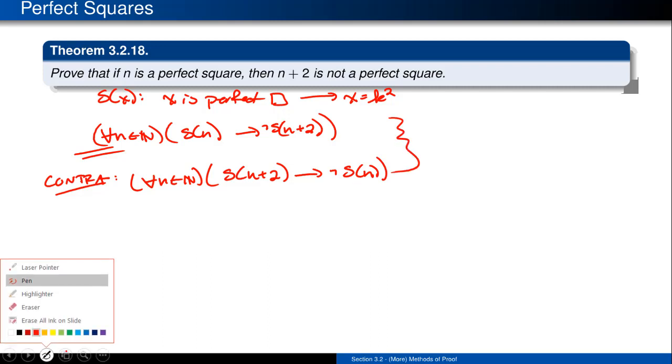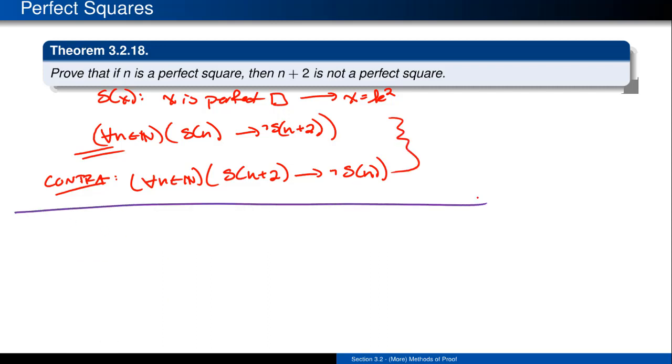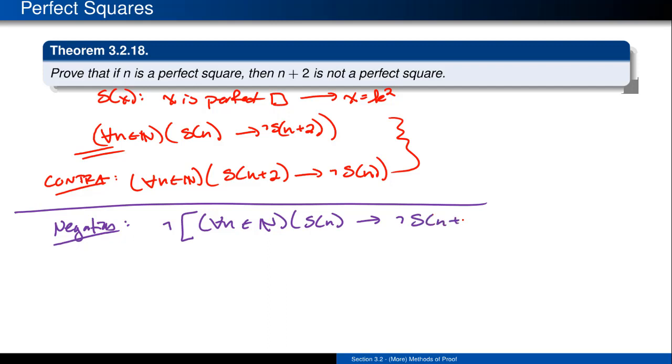So we're led to think about looking at the negation of this statement. Let's write this all out. For all positive integers n, S of n implies the negation of S of n plus 2.